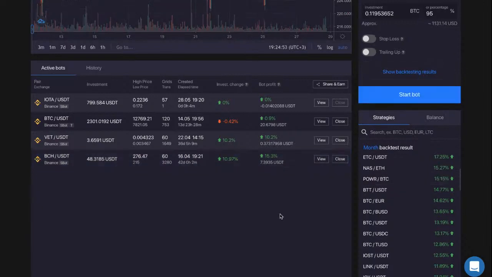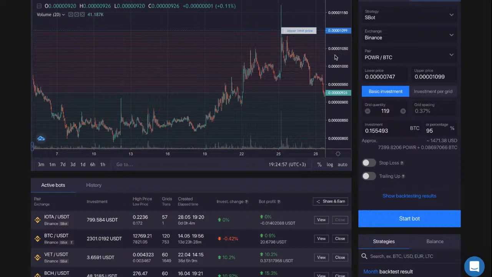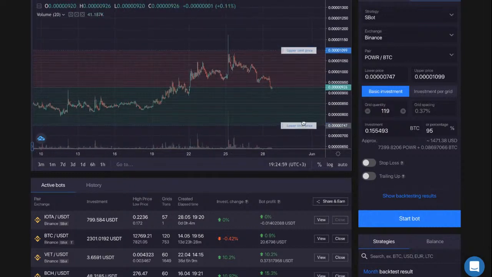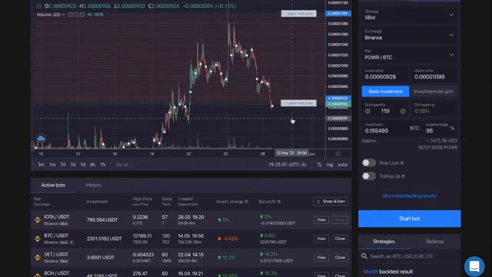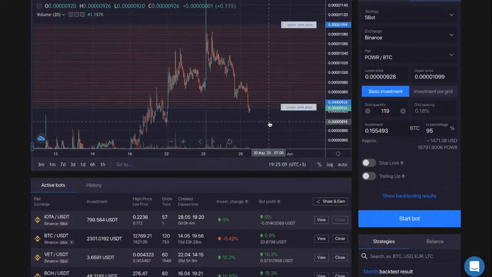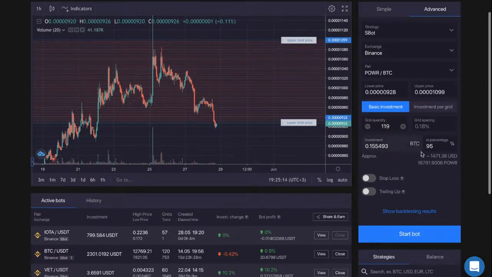Let's say power to BTC, and let's adjust the lower limit price so that we only have the sell side like this. As you can see, it tells me that in order to initiate the bot, I must have enough of the base currency, in this case power, and the amount is displayed right here.